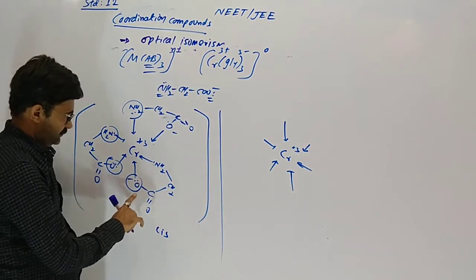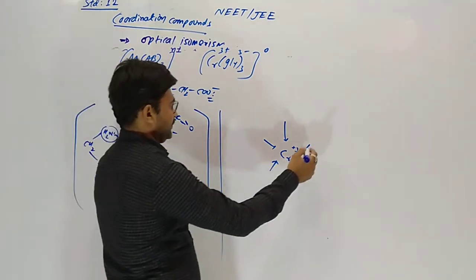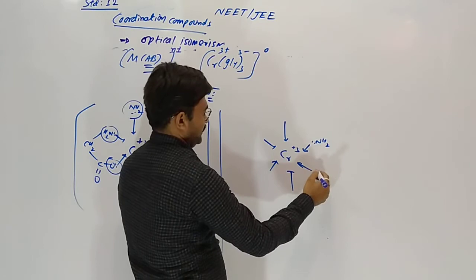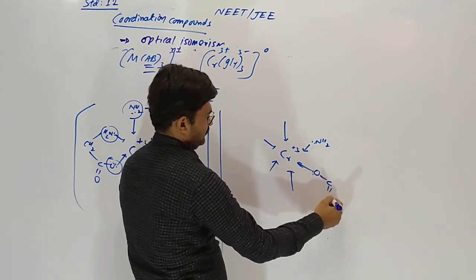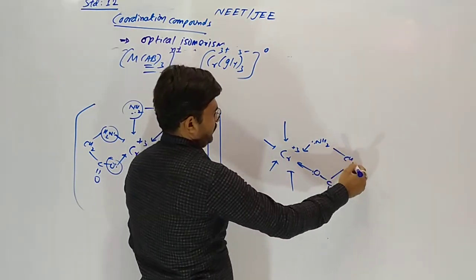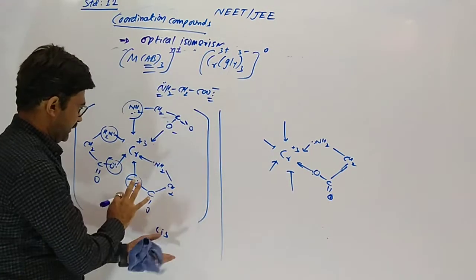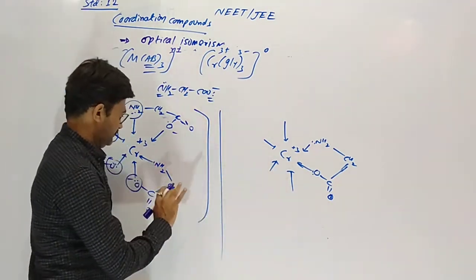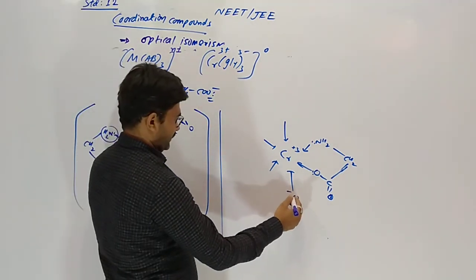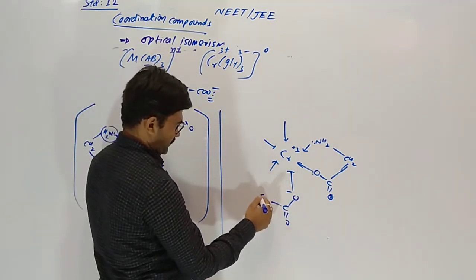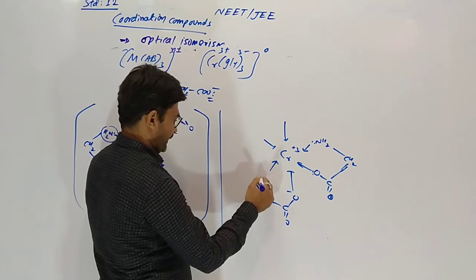How to draw? This part comes here, NH2, O, COO CH2, like this. This part comes here. Here O minus COO, CH2 and NH2.